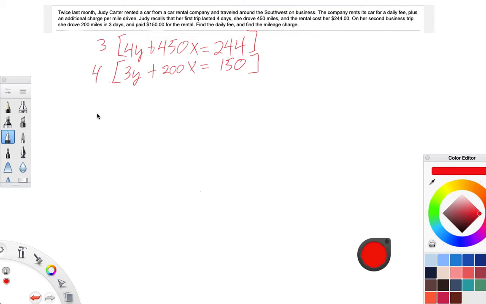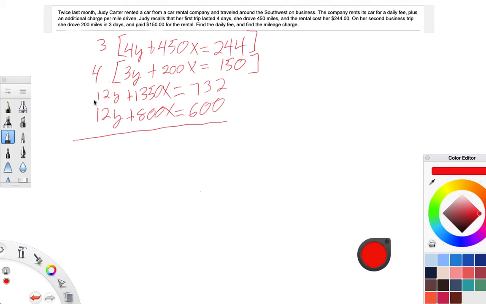So this bottom equation gives me 12y plus 800x equals 600, and my top one gave me 12y plus 1350x, 450 times 3 is 1350, equals 732. Hopefully I did that math right.